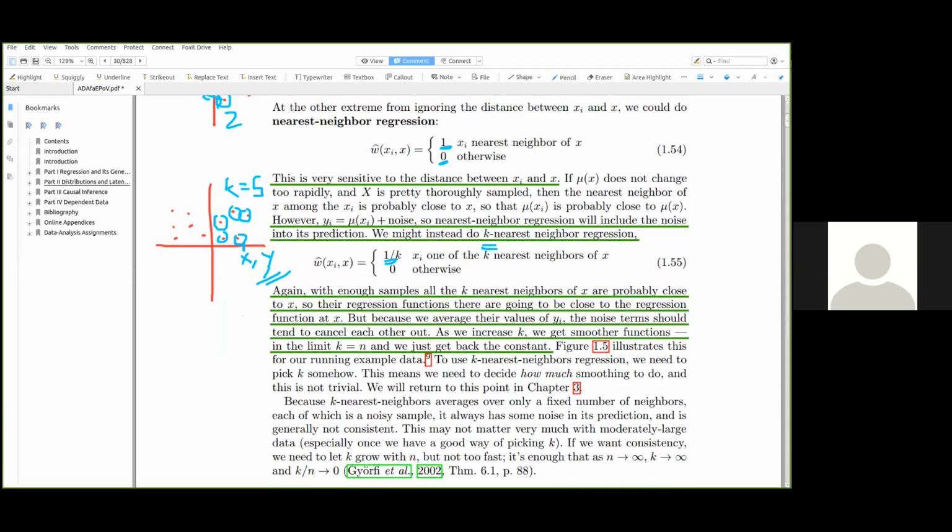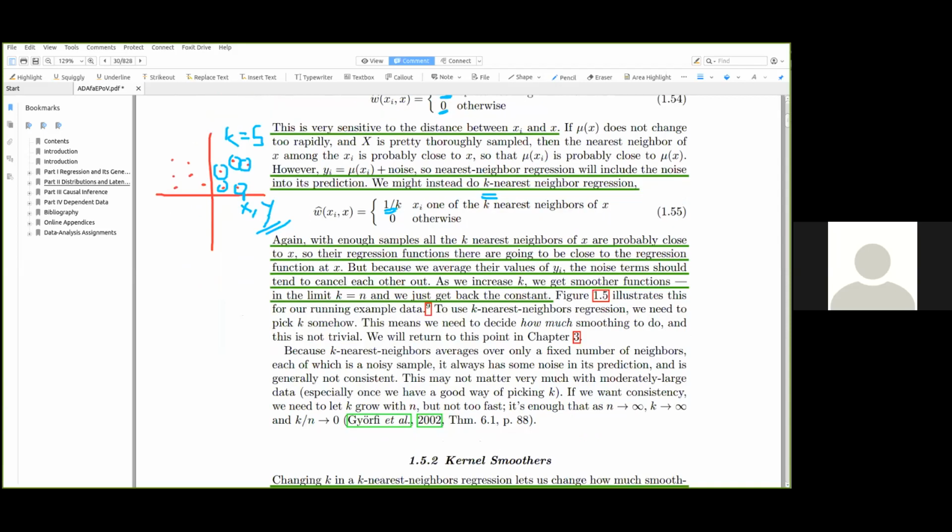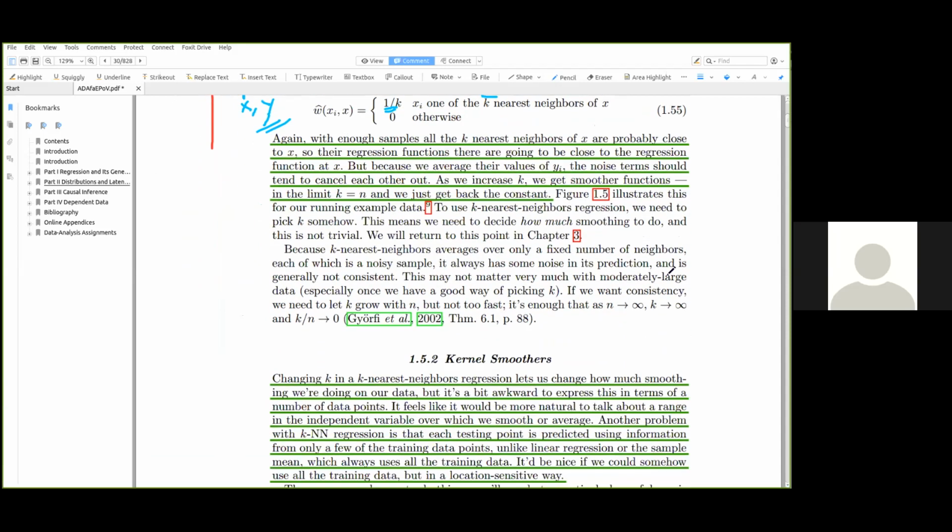However, it will vary depending on the value of k that we use. It will vary how smooth or noisy the result is. If you use k equal to 1, which is the same as nearest neighbor, it will be very noisy. However, if you use k equal to 5 or k equal to 10, then it will be more smooth, which is what smoothing is.